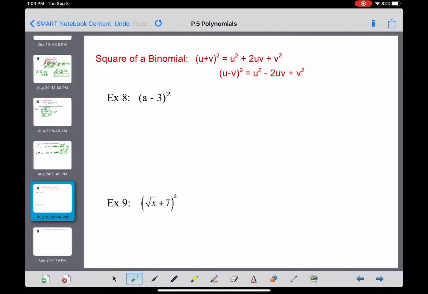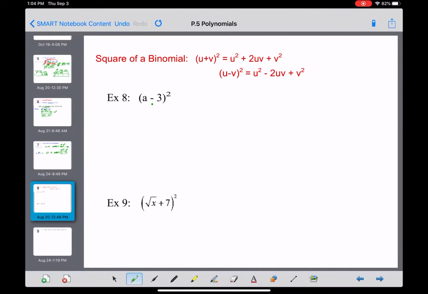Okay, so now the square of a binomial. When you see something like u plus v squared, or a minus 3 squared here, it's really tempting to distribute that 2, but we do not want to do that.